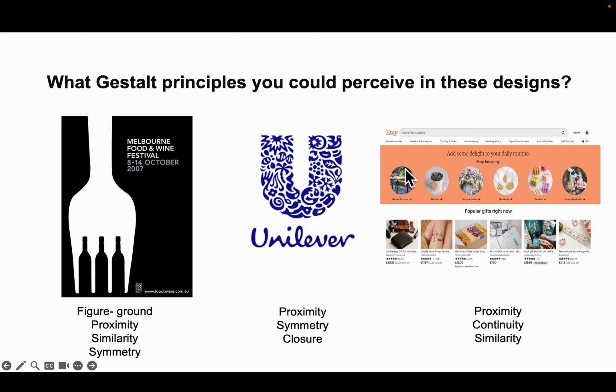We notice that the ellipse images are the same type of product, while the squares under them are other types of products. You can see the ellipse shapes are shop for spring, while the square shapes are trying to show you the popular gifts right now.